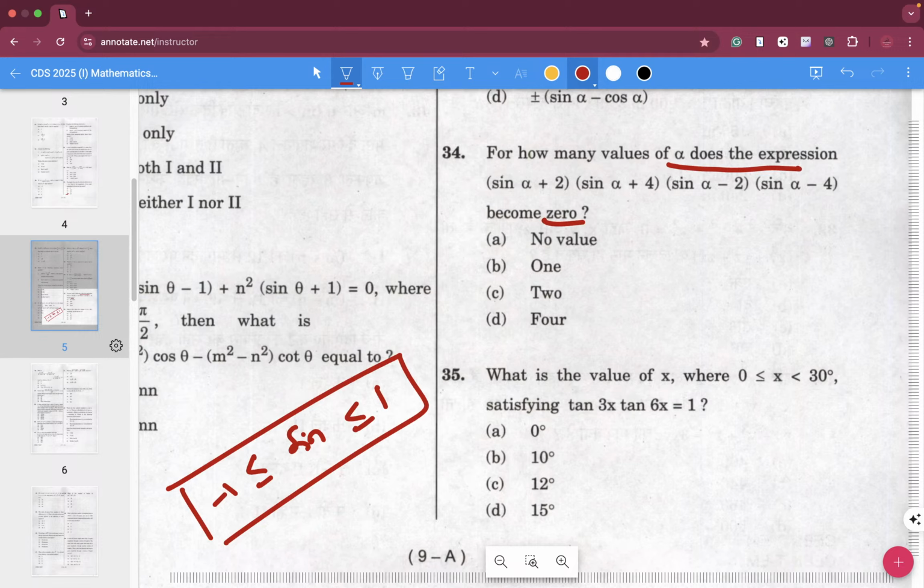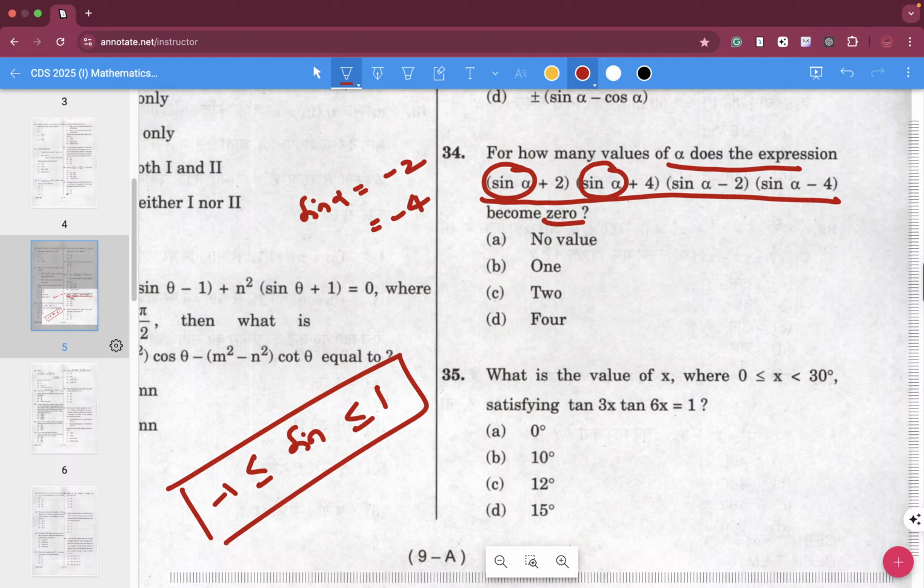So if the value of sine lies between minus 1 to 1, and this expression has to become 0, then either this value will have to be minus 2, or minus 4, or 2, or 4, then only it will be 0, right? Yes or no?